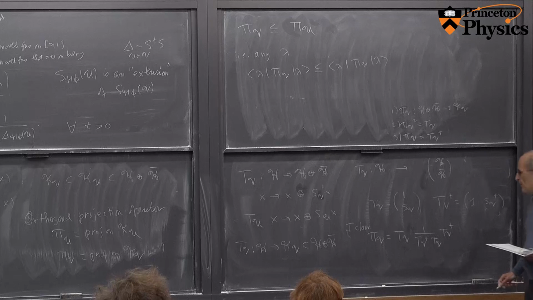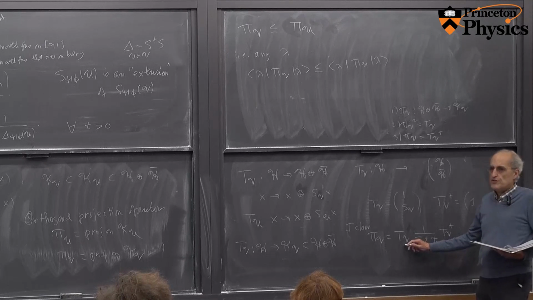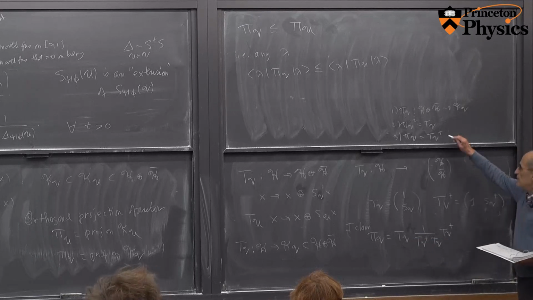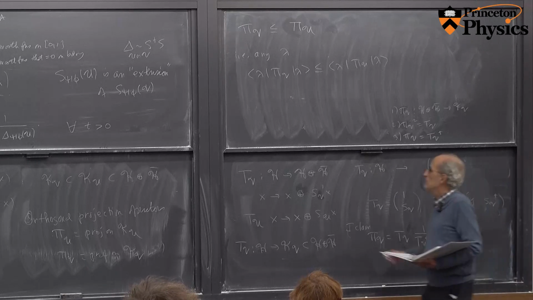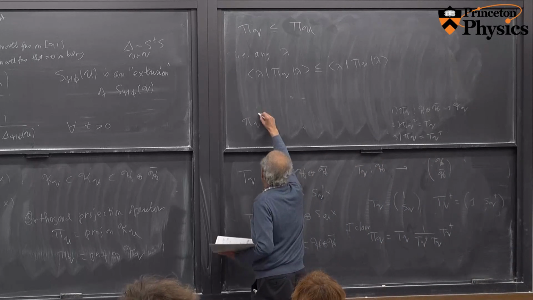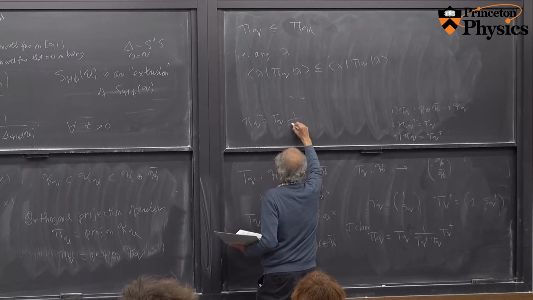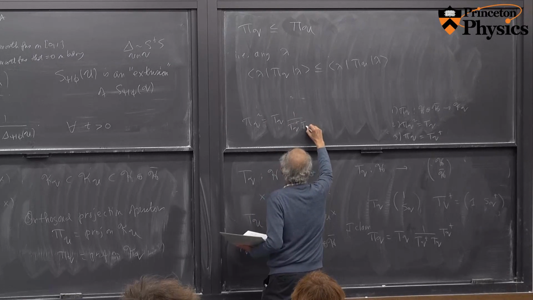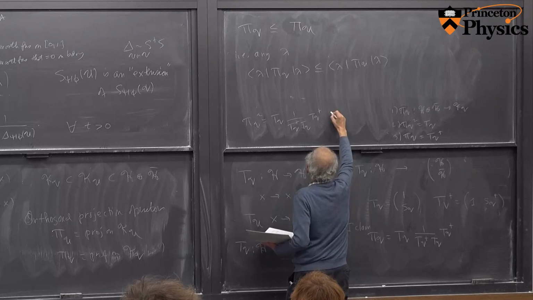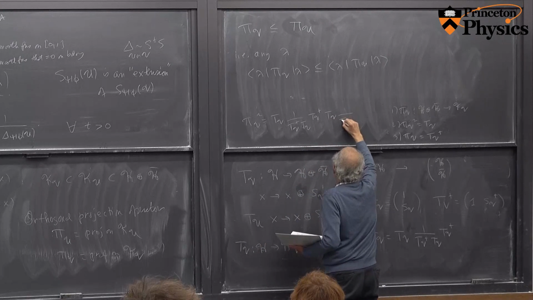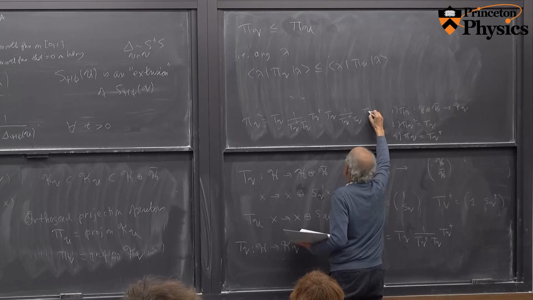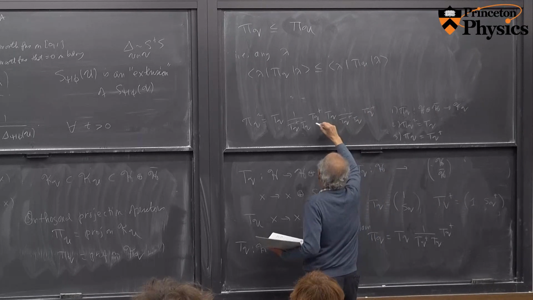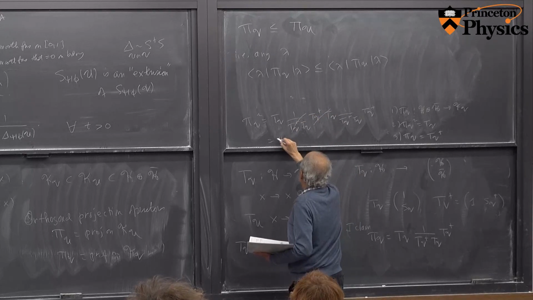So pi v maps the Hilbert space to the image of TV, which is KV, because there's a TV on the left. Then if you calculate pi v squared, it'll be TV, 1 over TV dagger TV, TV dagger, then we have the same thing again. We can cancel a factor, and we get pi v.